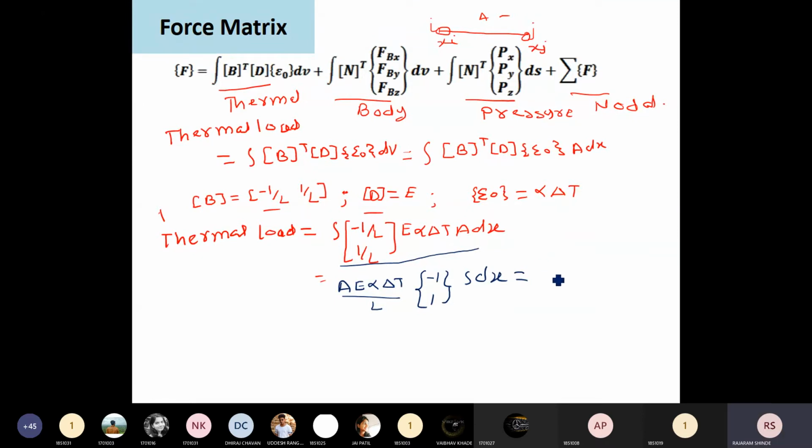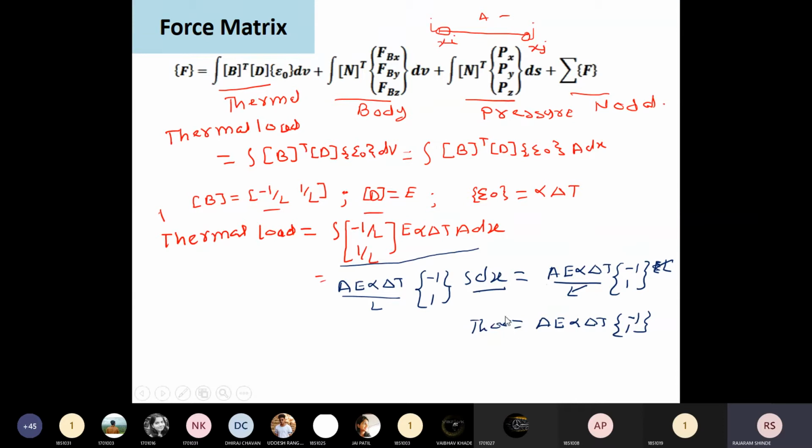It is xj minus xi, and that is L. So you will get AE by L, alpha delta T divided by L, into -1, 1, into the integration of this term, which is L. Now this L will be cancelled with this L. So you will get the thermal load as AE alpha delta T into minus 1, 1. This is your thermal load, the initial load.